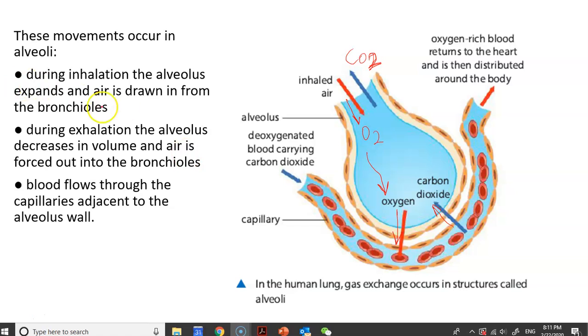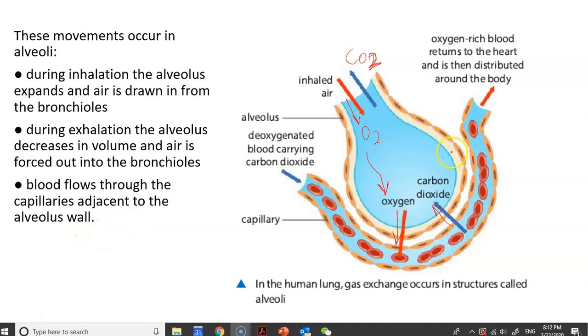I'm going to read this together. During inhalation, the alveolus expands and air is drawn in from the bronchioles. During exhalation, the alveolus decreases in volume and air is forced out into the bronchioles. Blood flows through the capillaries adjacent to the alveolus wall.